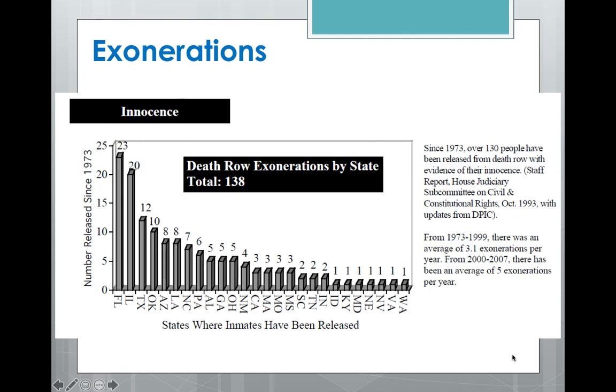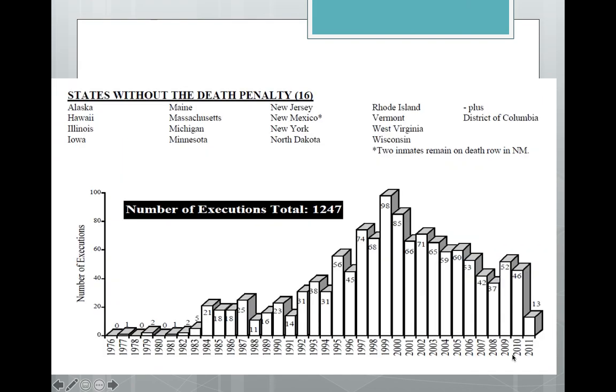We've had a total of 138 exonerations by state since 1973 that have said these people didn't commit the crime and shouldn't be given the death penalty. That makes a lot of people question the death penalty and how just it is. States without the death penalty, as you can see right here.